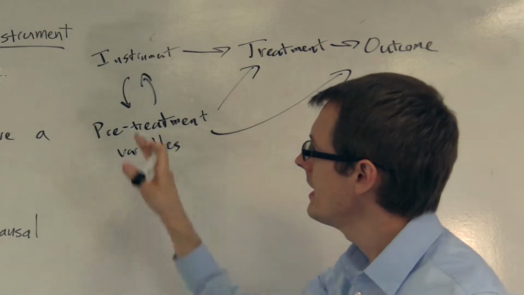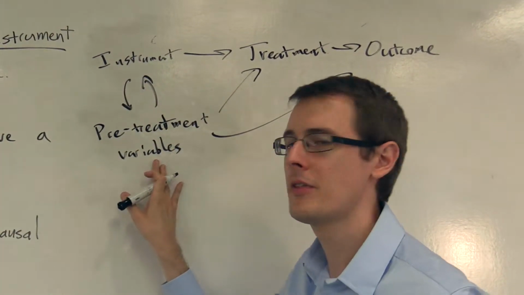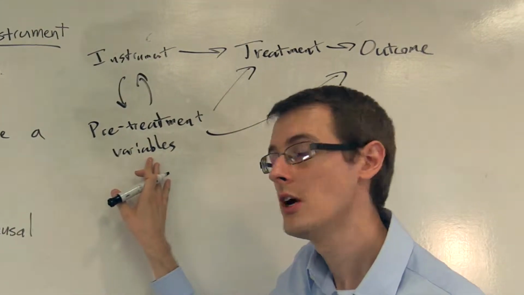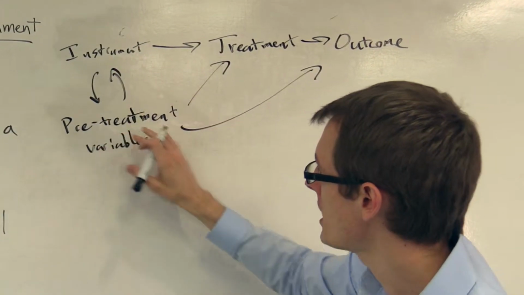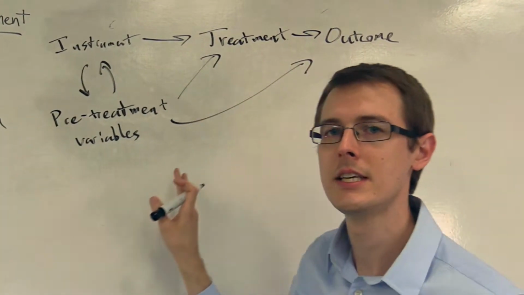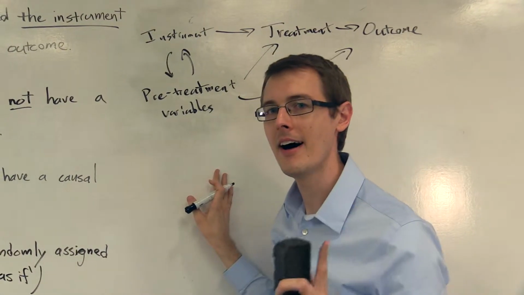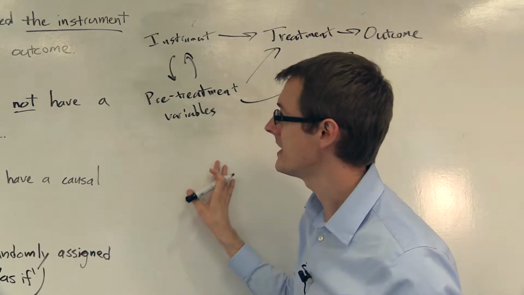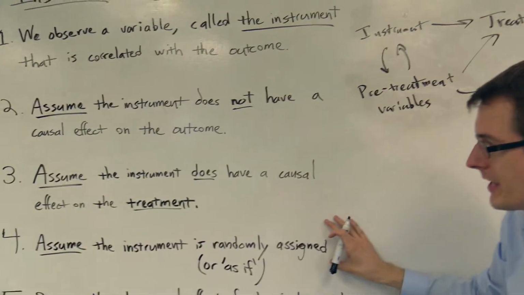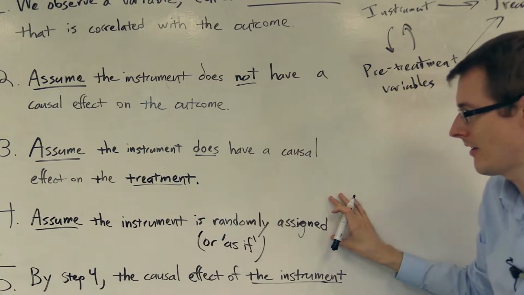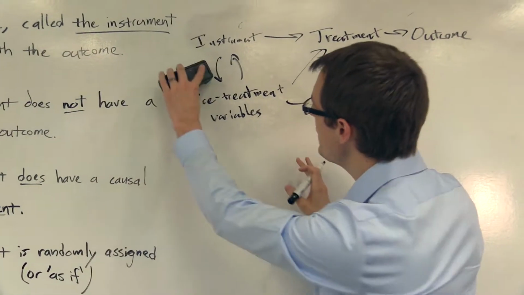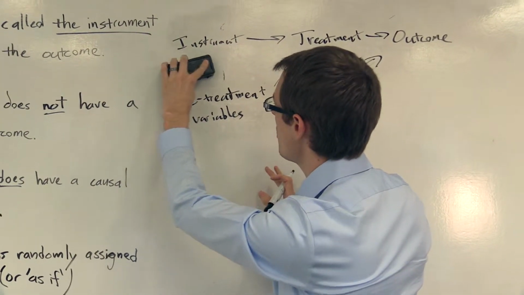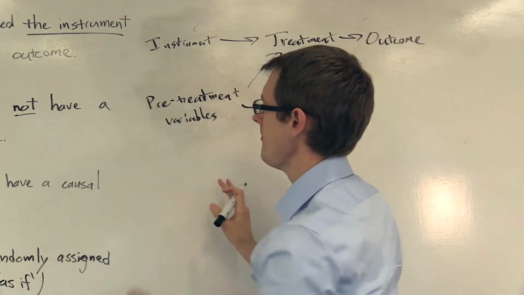Another possibility is that the instrument might affect some of the values of the pre-treatment variables, which in turn affect the outcome variable. So that's another possible path from the instrument to the outcome. But that also cannot be the case, because the instrument is randomly assigned, okay, which means that it's not related to these pre-treatment variables. So these paths also do not exist.